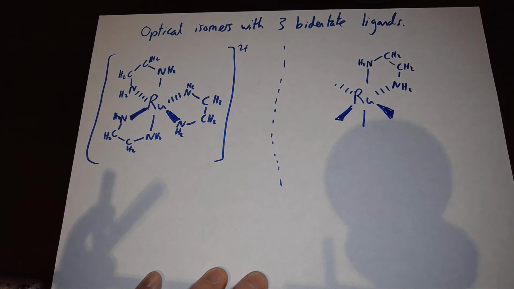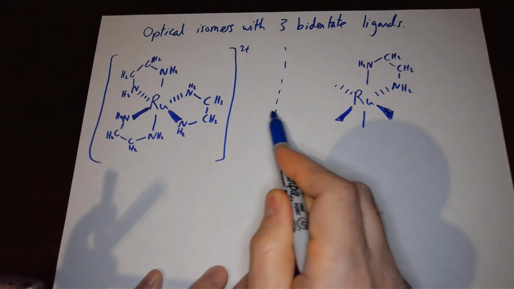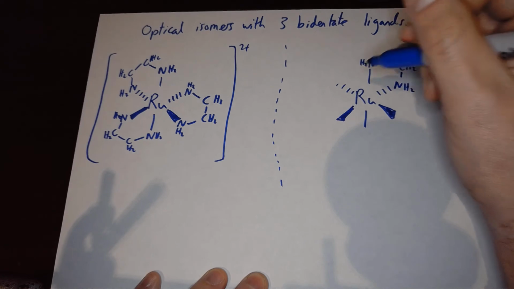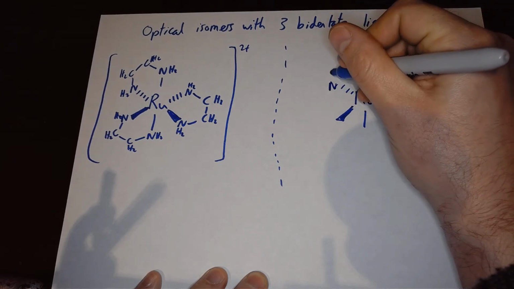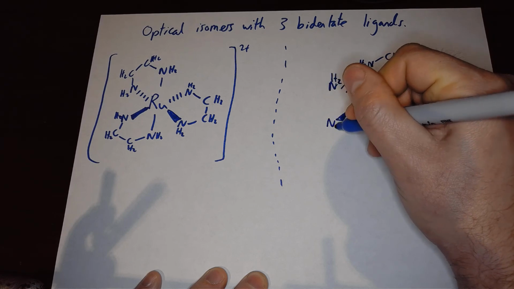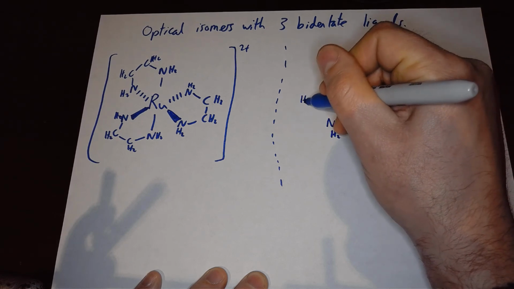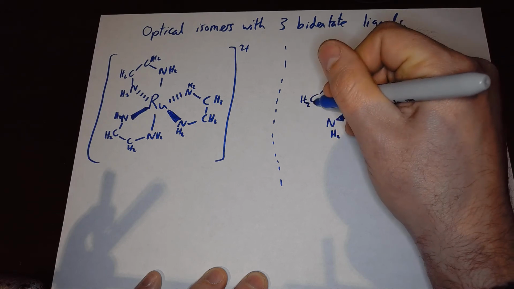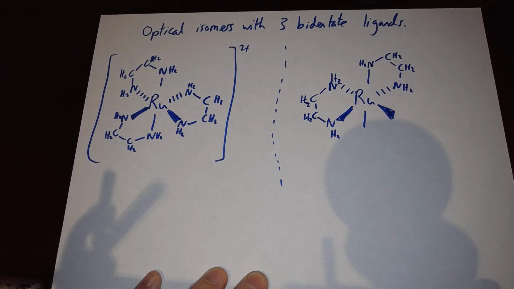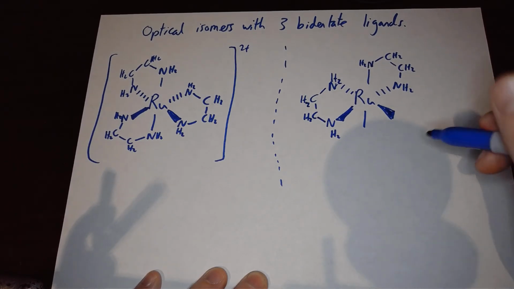So just be really careful, you don't just draw exactly the same thing. This bit's coming towards the mirror, so there's something coming towards the mirror here. Okay, and that's going down away from the mirror, so I'm going to do the same here.